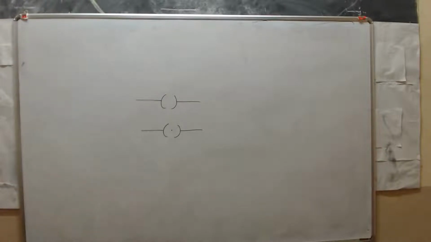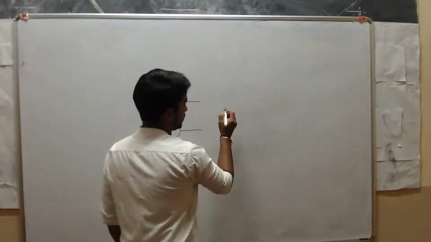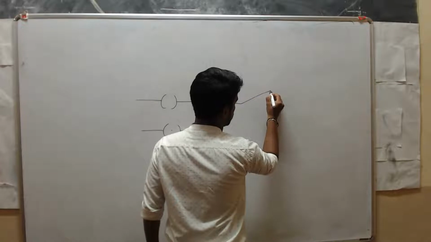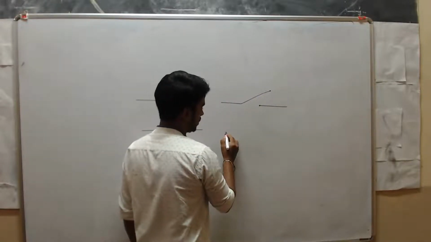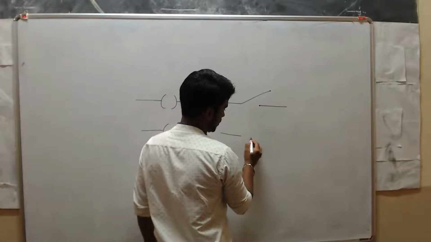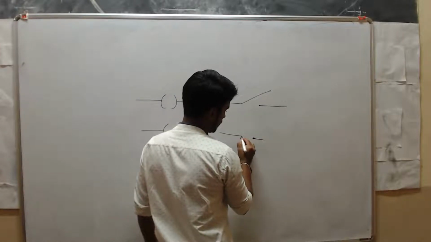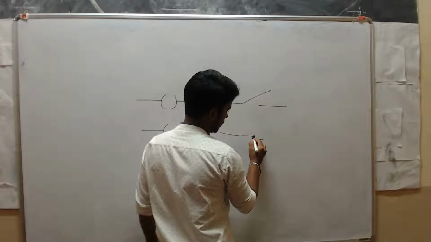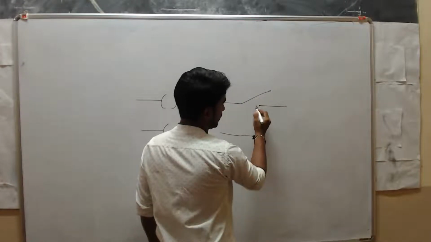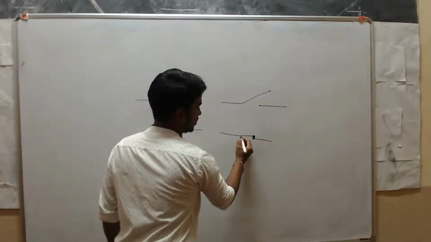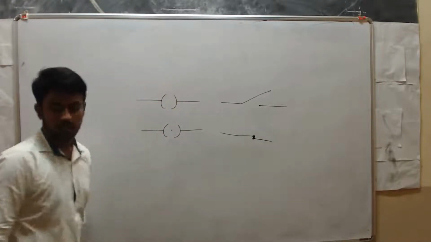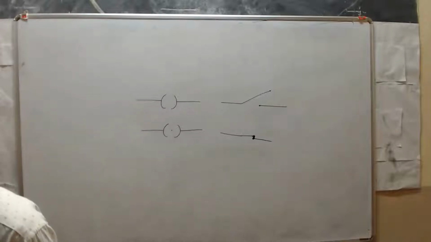So this is the symbol of electric switch. Sometimes we use this type of symbol also. This is also a symbol of switch. Now this is the open switch and this is the closed switch.